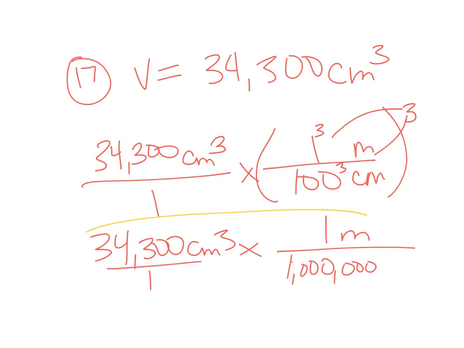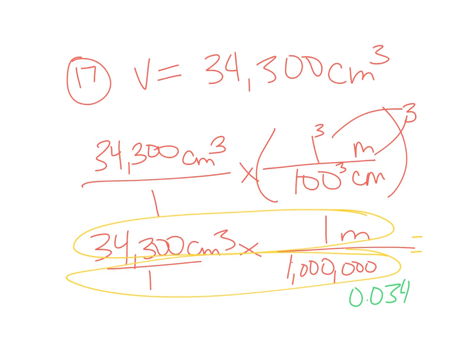Now you just multiply straight across and then divide, so you do 34,300 divided by 1 million, which gets you 0.0343 meters cubed, because you cubed your conversion. So this is your final answer. All right, good luck.